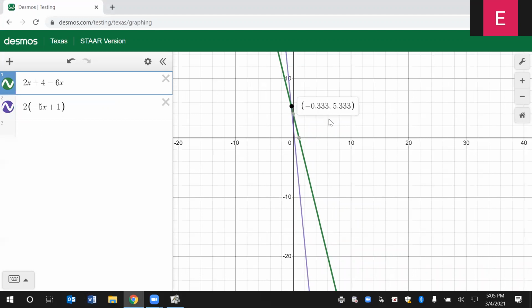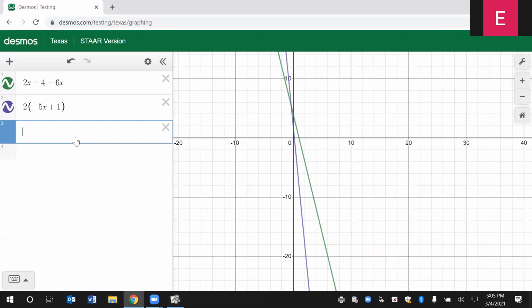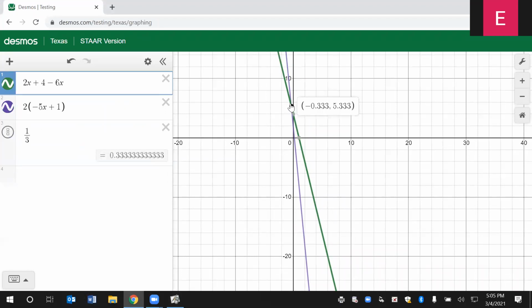And if you notice, those are decimals, but my answer choices are fractions. So what you would have to do is type each answer choice until you find the one that matches. I'm going to give you the answer and show you. Answer is 1/3. If you type that answer 1/3 in decimals, you can see that that is the same decimal that I had right here.